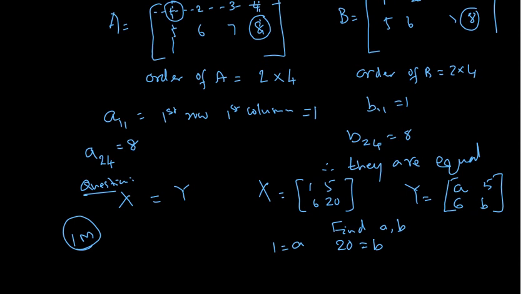So the order of the matrix is 3 rows and 4 columns, 3 by 4. The second one is, how many elements are there? Whatever you multiply, that is the number of elements. Number of elements is equal to 12.